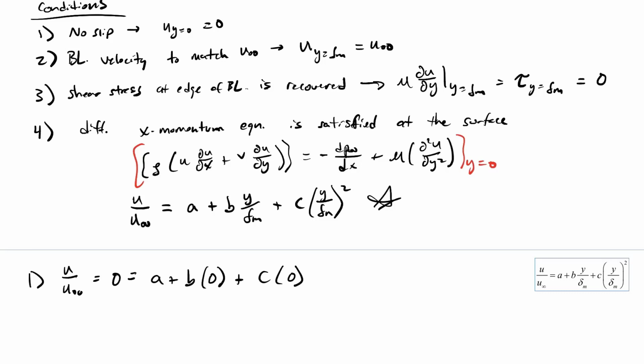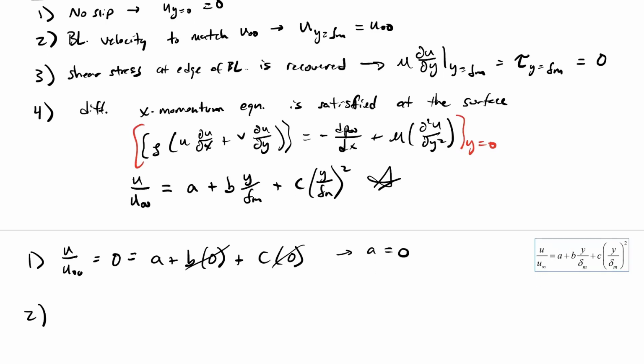So this goes away, and this is saying that a is equal to 0. So I've just forced my velocity equation to satisfy condition 1 if I set a equal to 0. Straightforward, right?